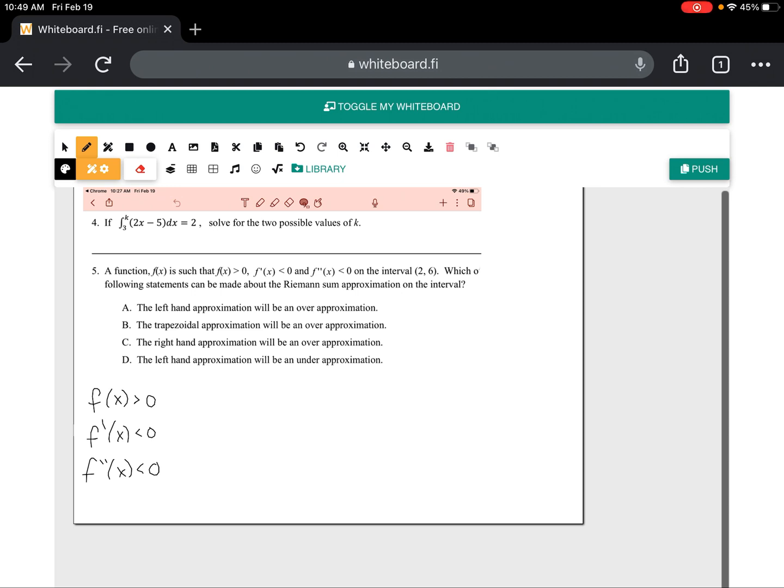So if we're trying to graph f of x so that we can draw rectangles under it, what does that first piece of information tell us? f of x is greater than 0. That's positive. It's positive, yeah. So on the graph, f of x is going to be always above the x-axis. So we're going to draw above the x-axis.